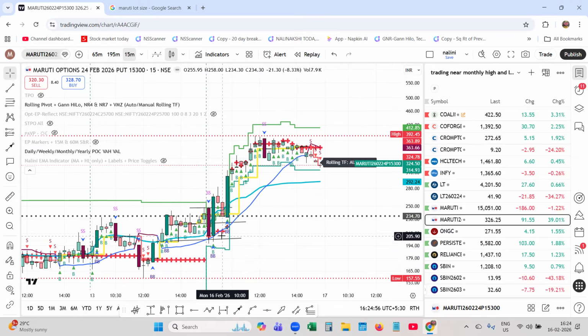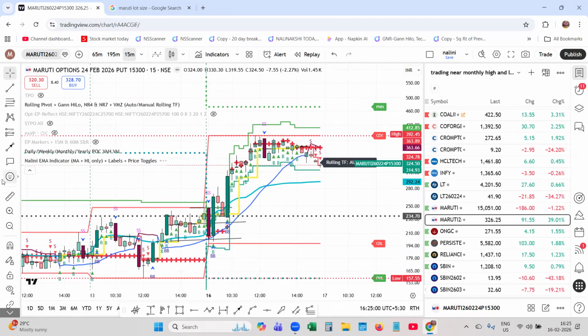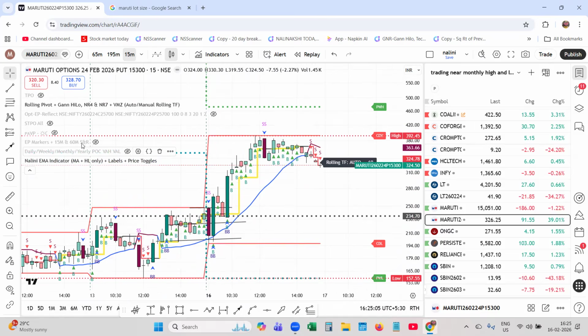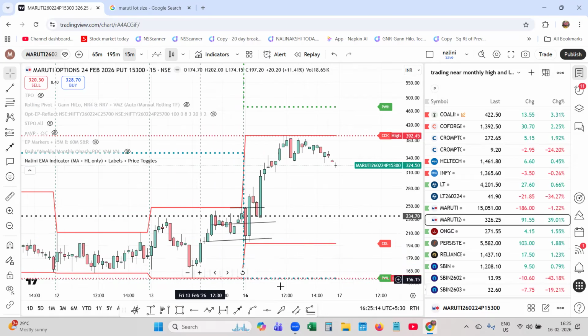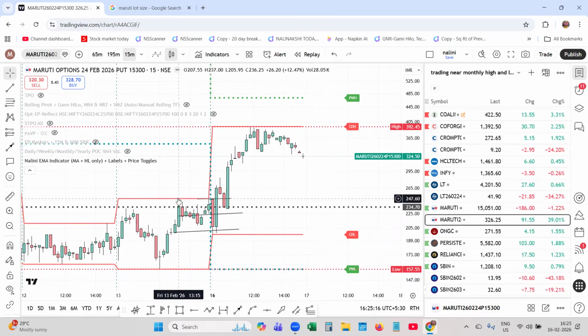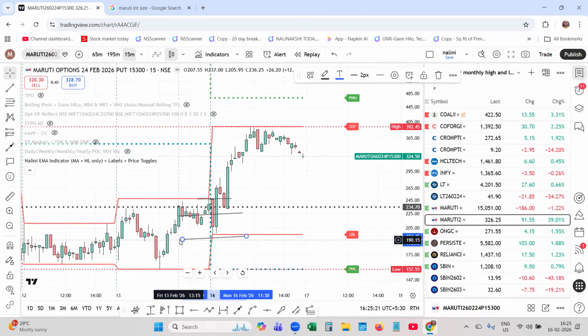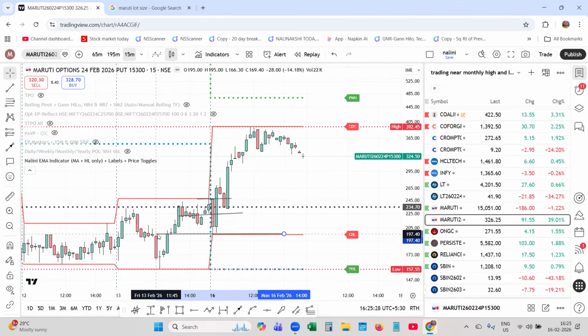And apart from that, the rolling pivot is positive. And let me check the Nalini EMA indicator. Let me hide all these things, the rolling pivot. And if you see, the price was above the previous day high. Price tested the previous day low. The current day low was higher than the previous day low.